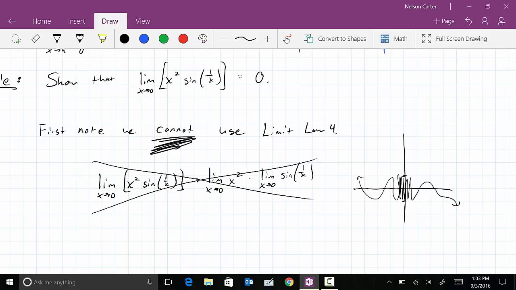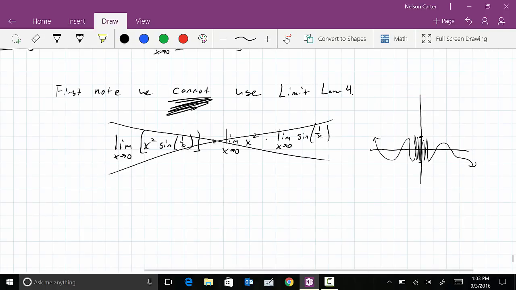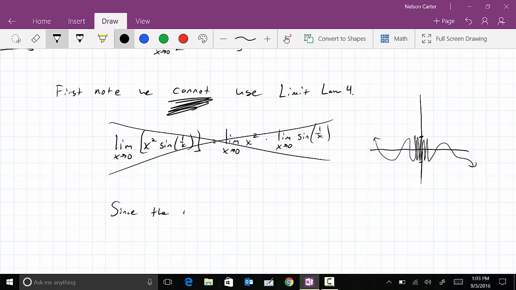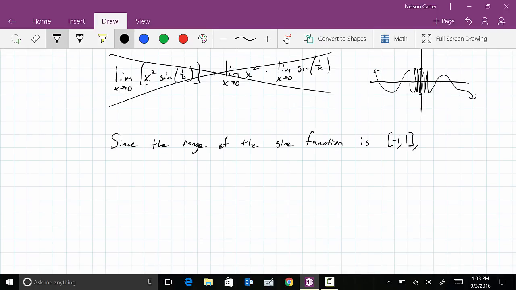So what are we going to do? Well, we can use the squeeze theorem. The sine of anything is always bounded between -1 and 1, right? So since the range of the sine function is always between -1 and 1, that implies that -1 is less than or equal to the sine of x, which is less than or equal to 1.